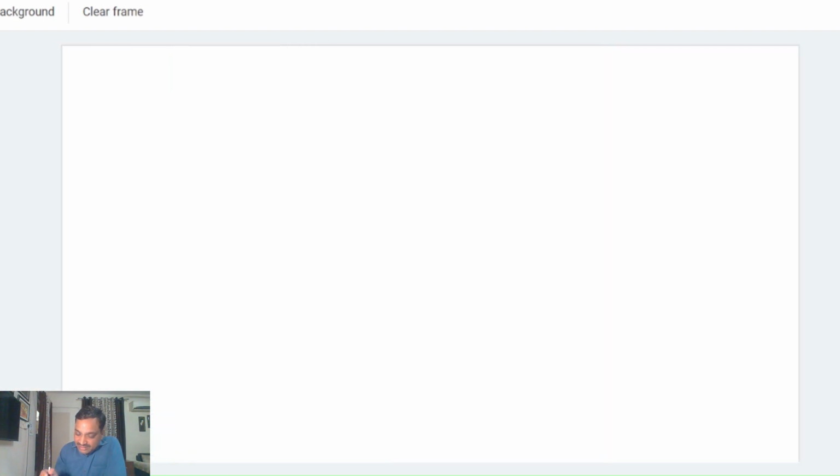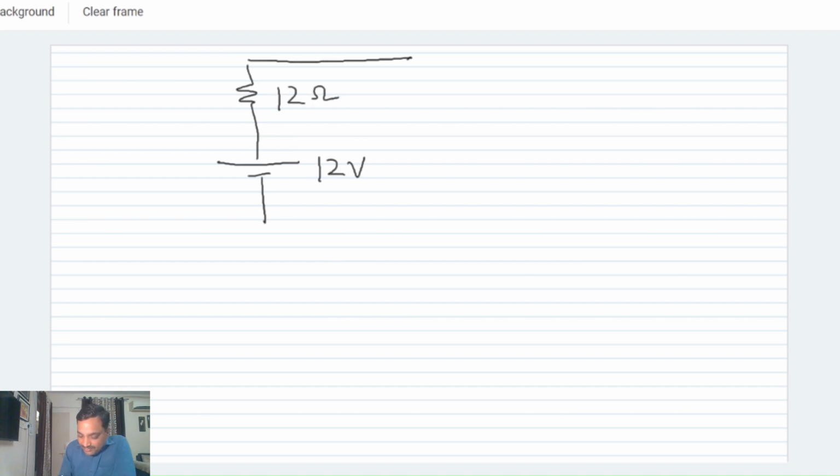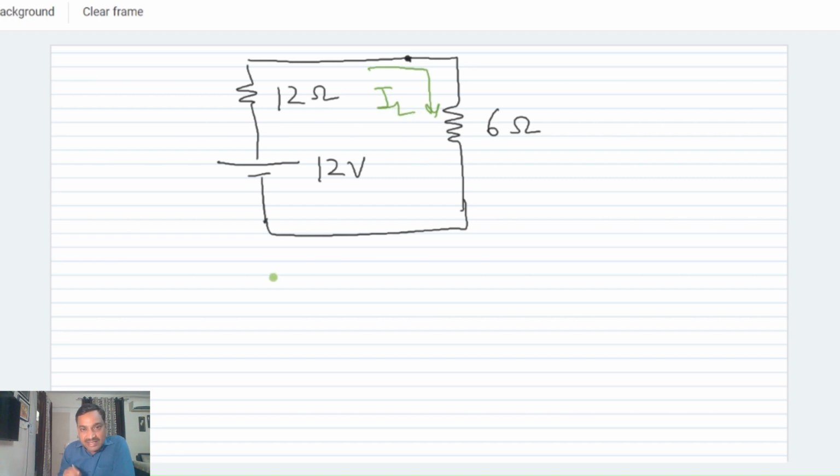Let us determine it by applying KVL. The network we now have is a voltage source of 12 volts and a resistance of 12 ohm. We have connected back the load resistance of 6 ohm, and we want to determine the current flowing through this 6 ohm resistor. Let us take it as IL.